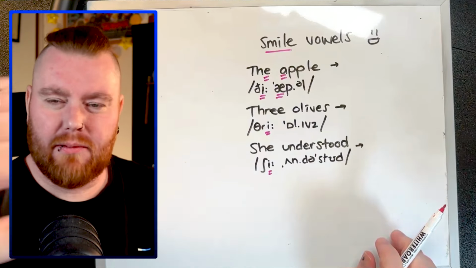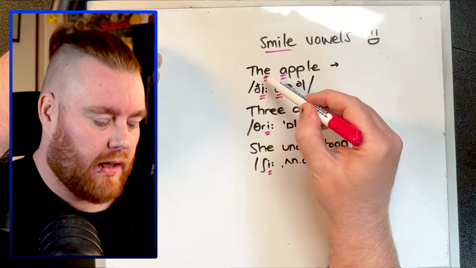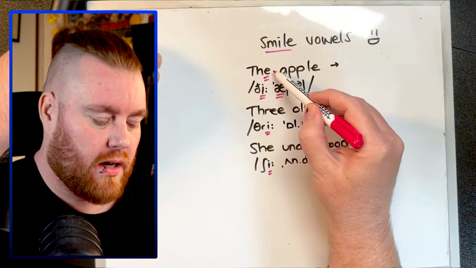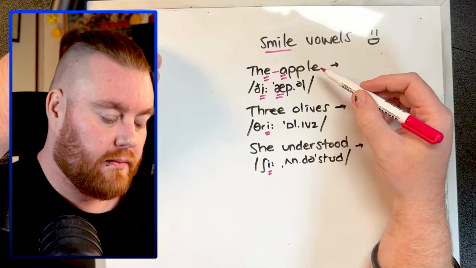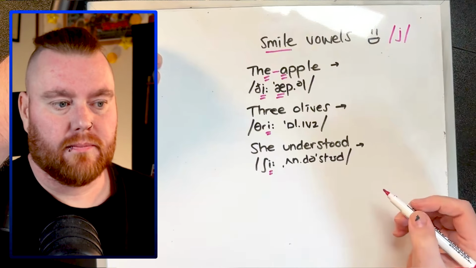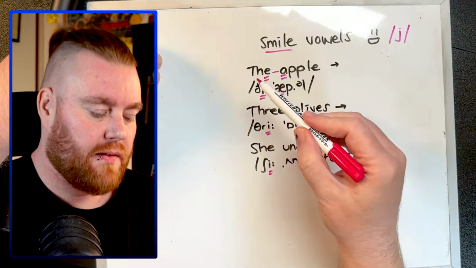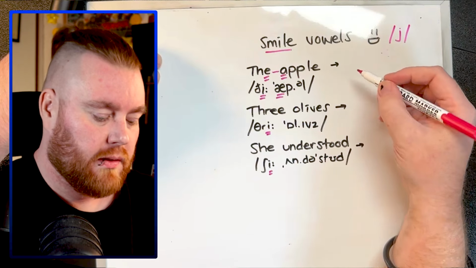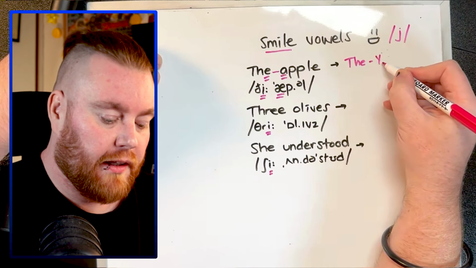So when we have a smile vowel at the end of a word and the next word starts with a vowel, we're going to link them together. So here, we're going to add a Y. Whenever we have a smile, we're adding a Y. So instead of the apple, it's going to become the yapple.